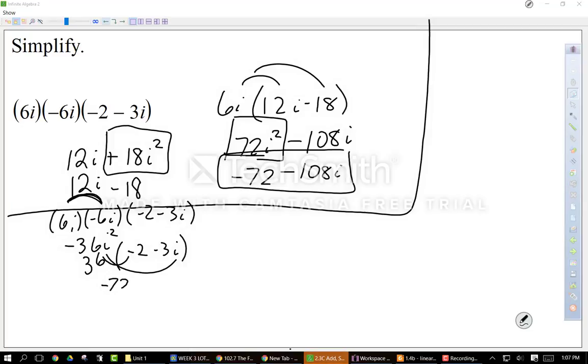Negative 72 minus 108i. So there are two ways to do it. You could either multiply the two monomials first and then the binomial, or multiply monomial and binomial, and then the other monomial with that remaining binomial. So it's basically the distributive property two times or just one time. It's up to you. No matter what, you get the same answer.